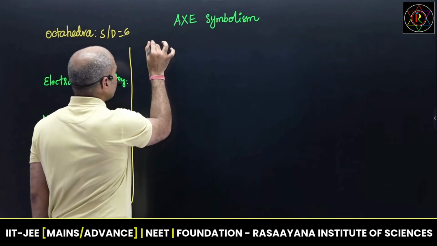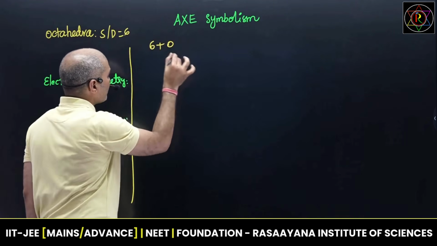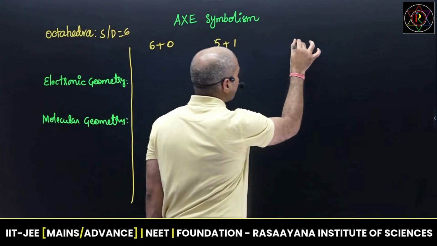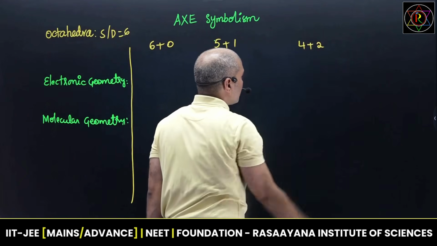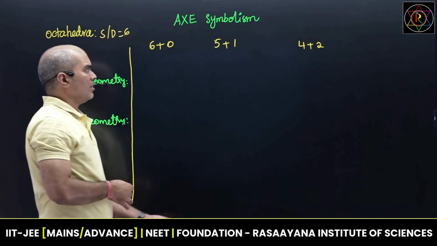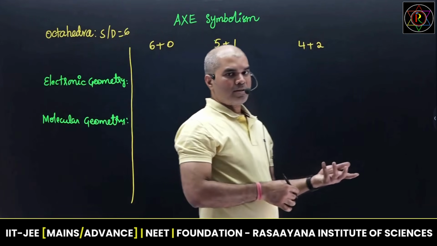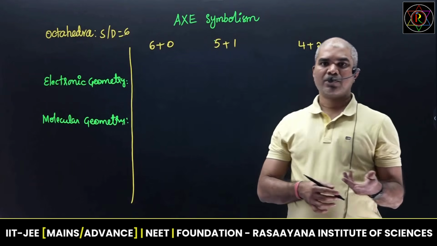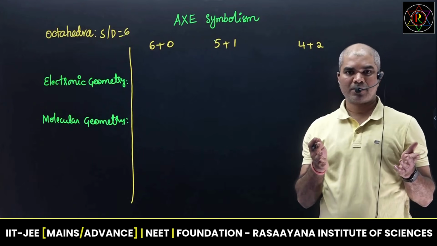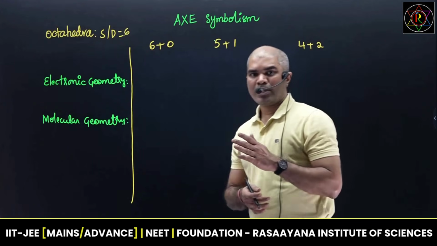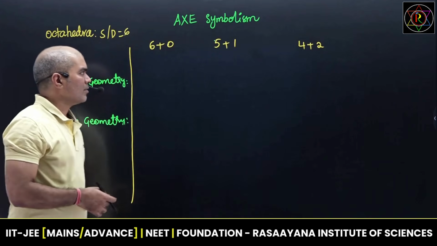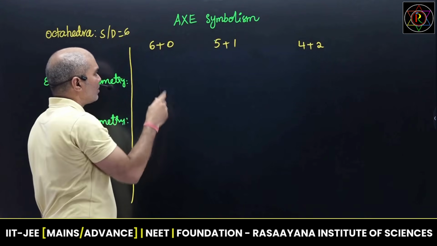Here we can have a 6 plus 0 combination, 5 plus 1 combination, and 4 plus 2 combination. A 3 plus 3 combination is unlikely, because when I say 3 plus 3, there are 3 lone pairs which account for 6 electrons and 3 bond pairs, 3 electrons. So that already becomes 9 electrons. Main group elements cannot have 9 valence electrons. So we don't take the 3 plus 3 combination. We mostly go up to 4 plus 2 lone pairs.